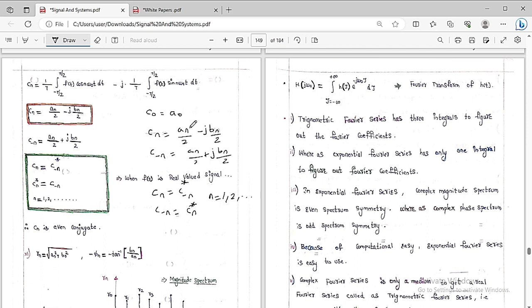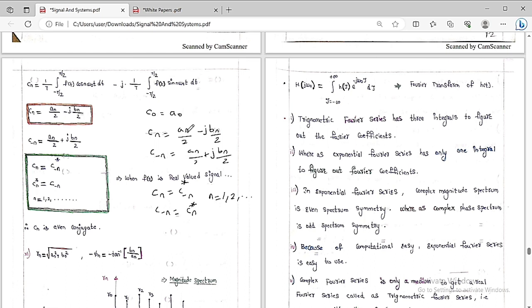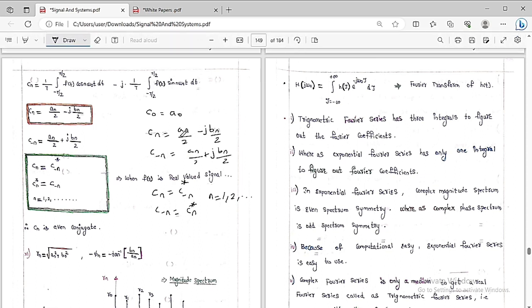The real part is even in nature and the imaginary part is odd in nature. One is plus means the other is minus. So Cn is nothing but even conjugate, because even conjugate means the real part is even and the imaginary part is odd in nature.